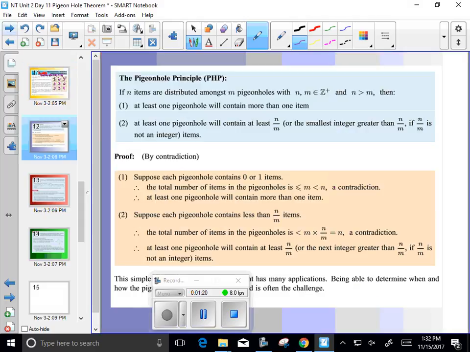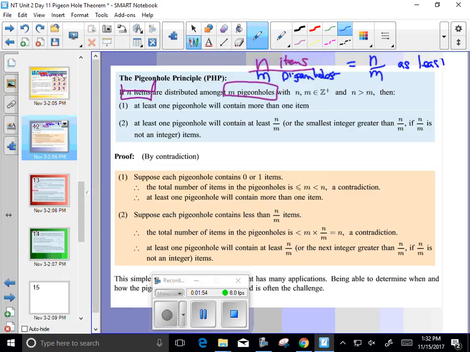And the pigeonhole principle is, if you take n items and divide by m, they're calling it pigeonholes or just locales, you're going to get n over m as the least available total.